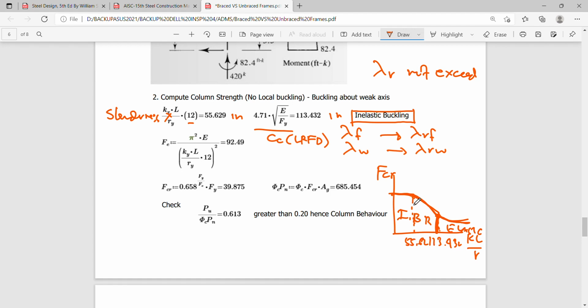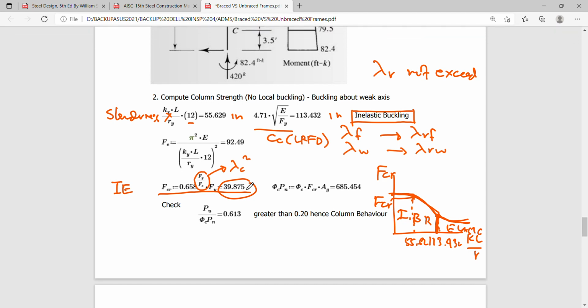So this value of your Fcr now becomes this one. This is the inelastic buckling formula: 0.658 raised to Fy over Fe, which is equivalent to your lambda c squared, times Fy, is equal to 39.875.